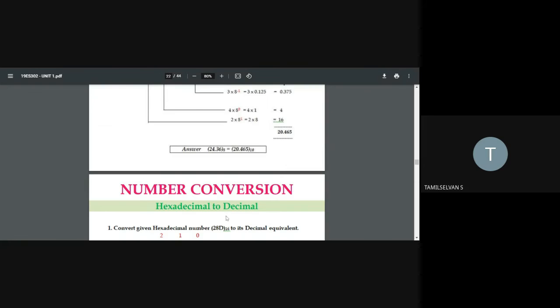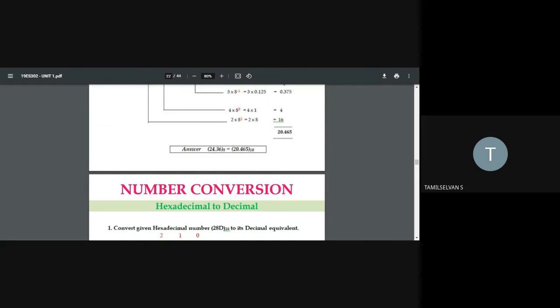In the hexadecimal number system, the base value is 16. The same methodology has to be followed in the hexadecimal number system as in the octal and binary number systems.